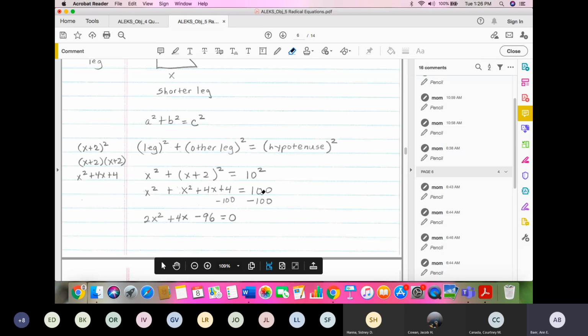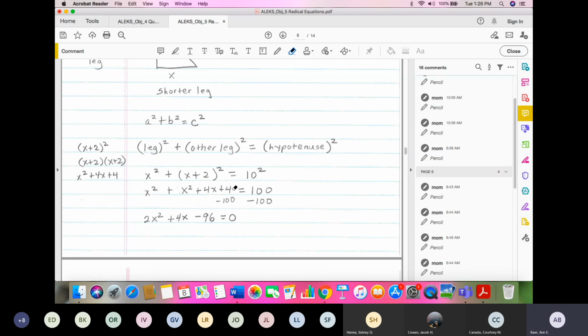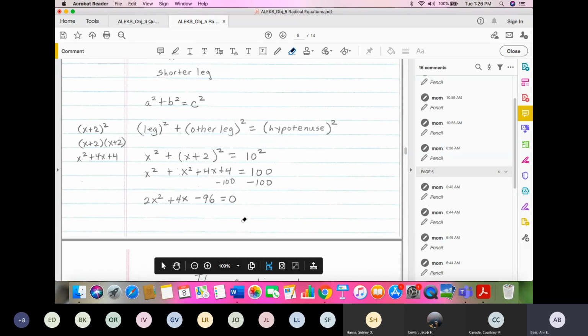And then we want to move this 100 over here. So this positive 100 on that side ends up as minus 100 on this side. So we get 4 minus 100, which is negative 96. So 2x squared from here, 4x from here, negative 96 from here, equals 0.